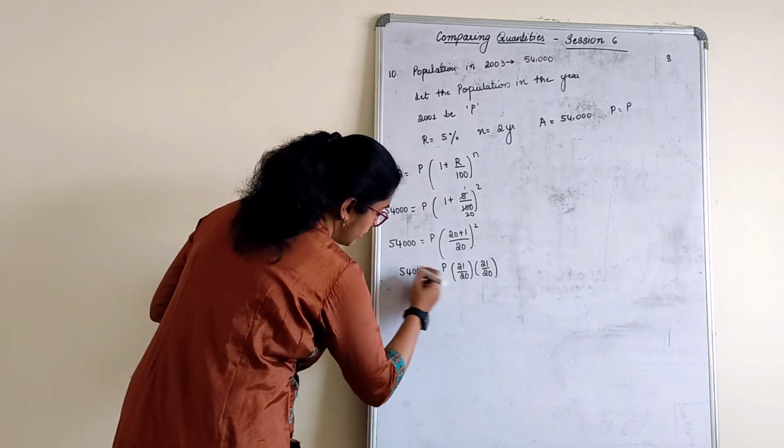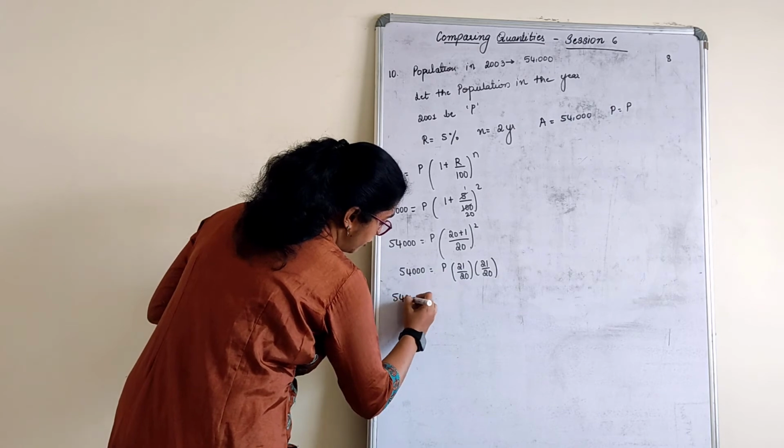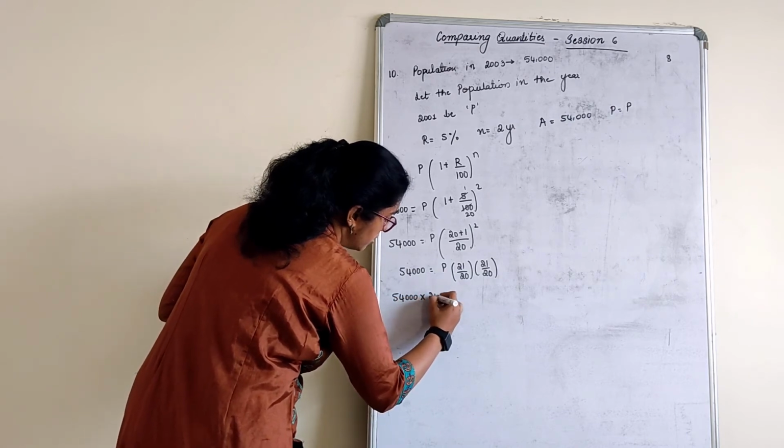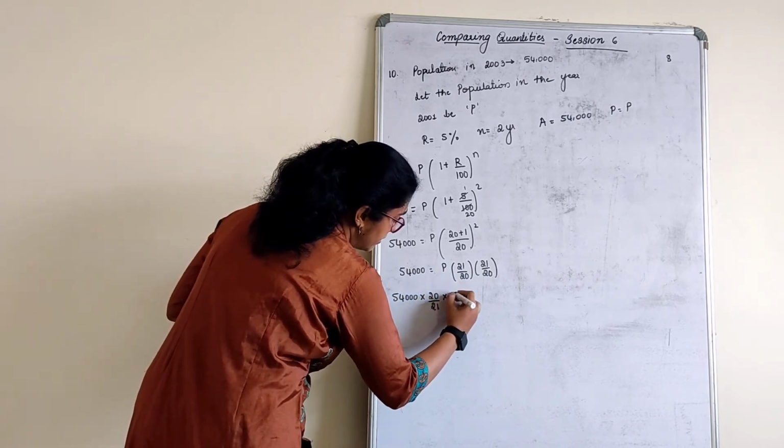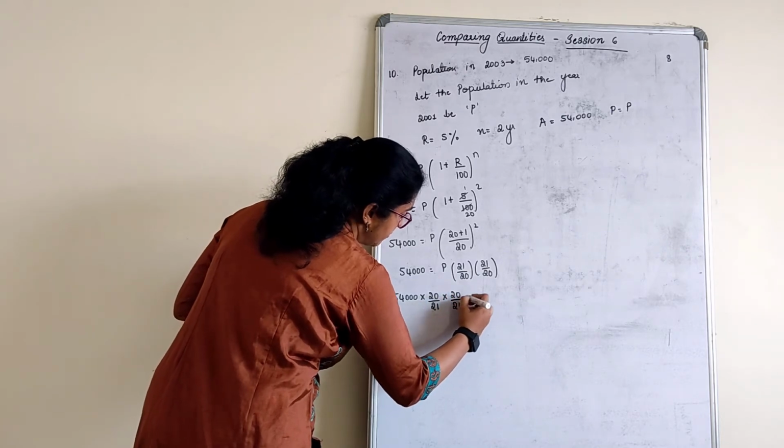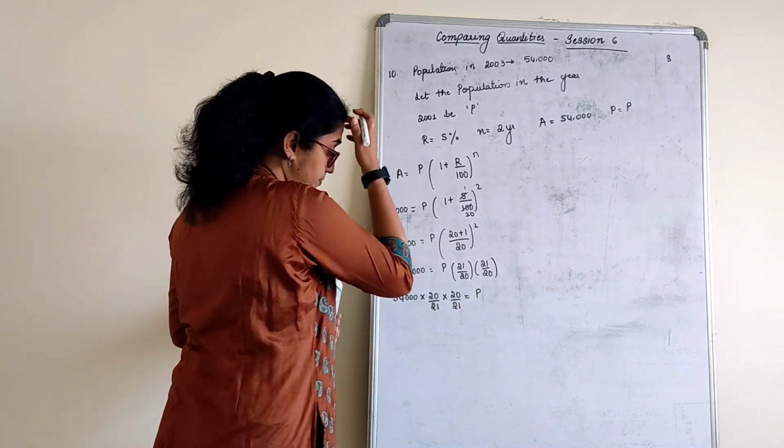Cross multiply. 54,000 into 20 by 21 into 20 by 21 is equal to P.